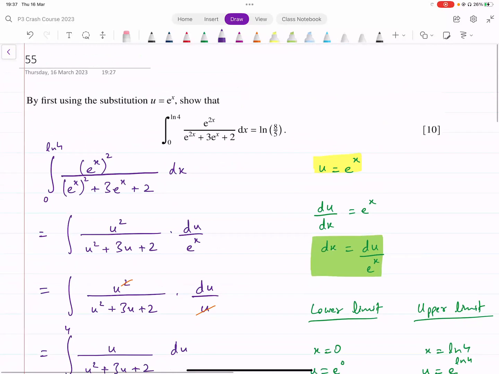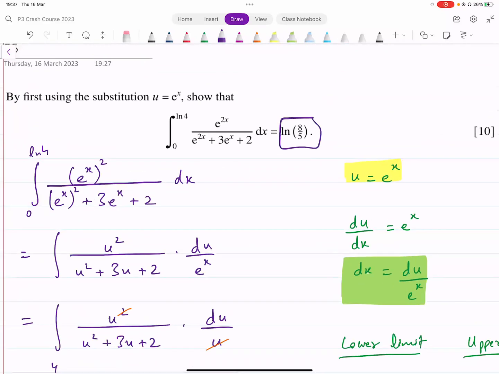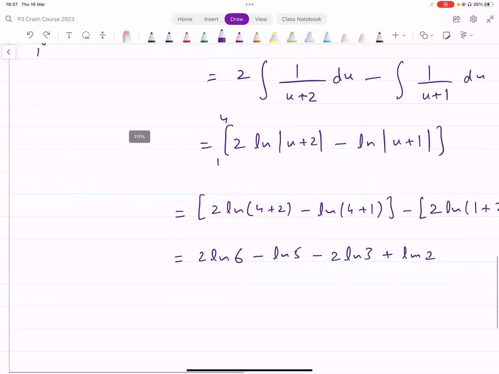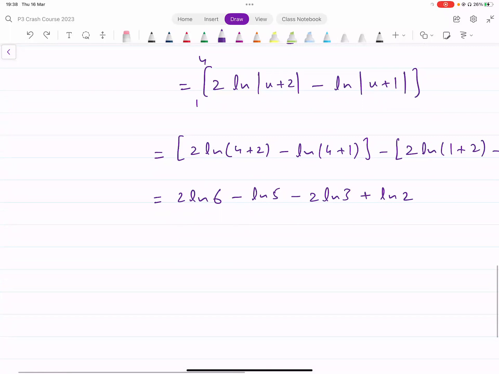Now we need to show that this can be written like this, ln of 8 over 5. For that, we need to use multiplication or division laws of logs. But remember, in order to be able to use multiplication and division laws, we need 1 outside the log. We can't have another number instead of 1.